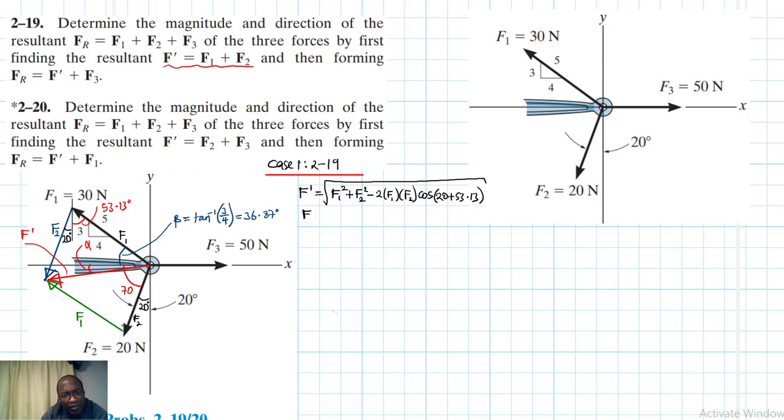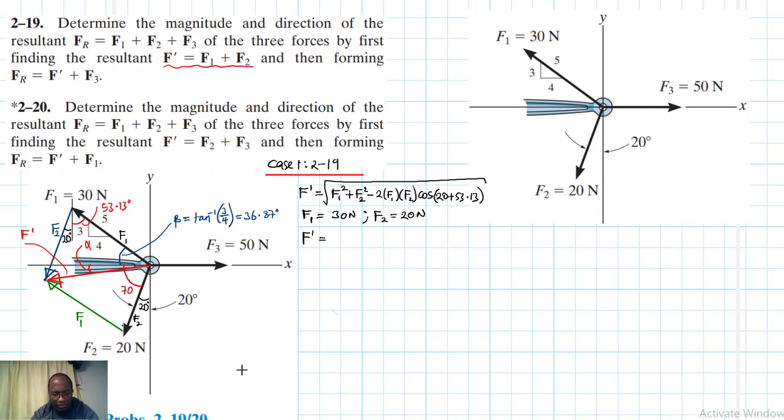So we have F1 equal to, what is F1 equal to? F1 is equal to 30 newtons. F2 is just equal to 20 newtons. Feeding those into our equation gives us, let's do that.